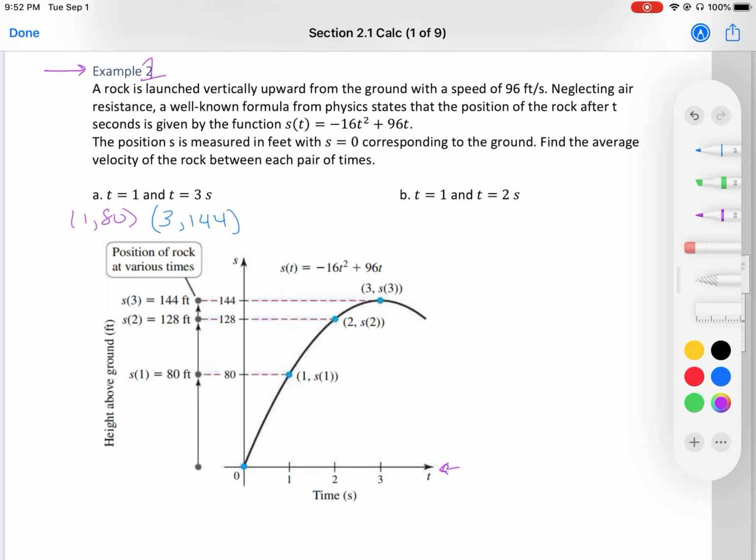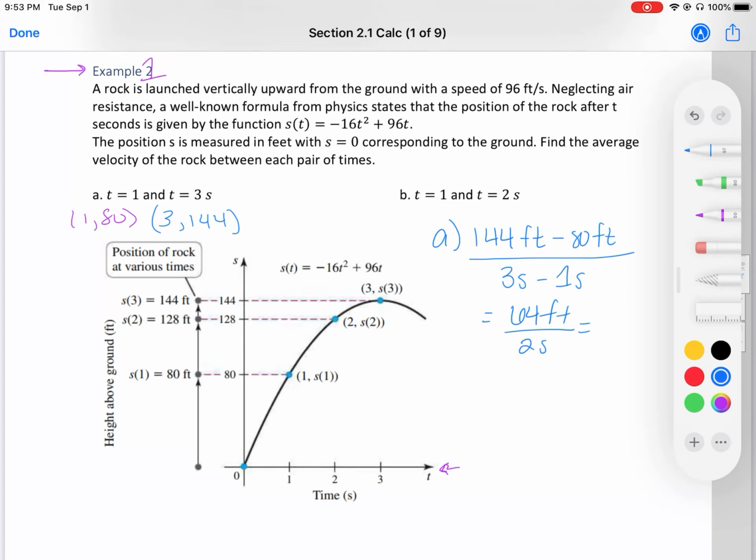So for A, our rate of change is 144 feet minus 80 feet divided by 3 seconds minus 1 second. So that we have 64 feet per 2 seconds. So that would simplify to be 32 feet per 1 second.